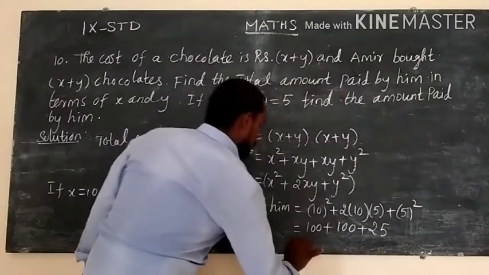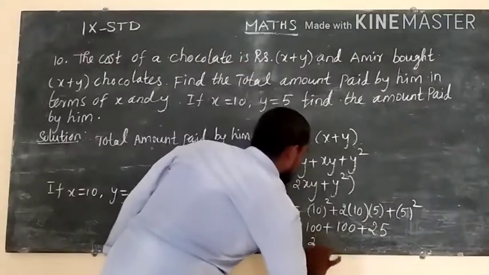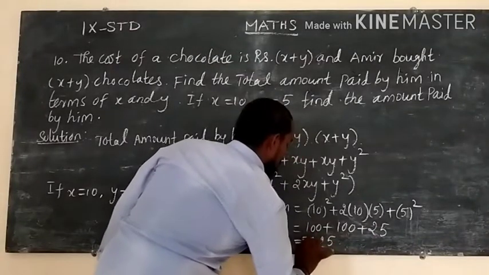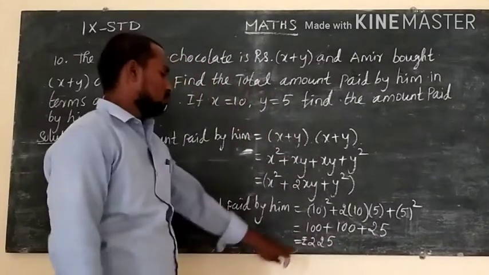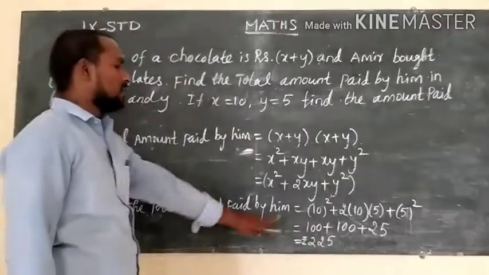This is equal to 100 plus 100, 200, 200 plus 25, 225. So rupees 225 is the total amount paid by him.